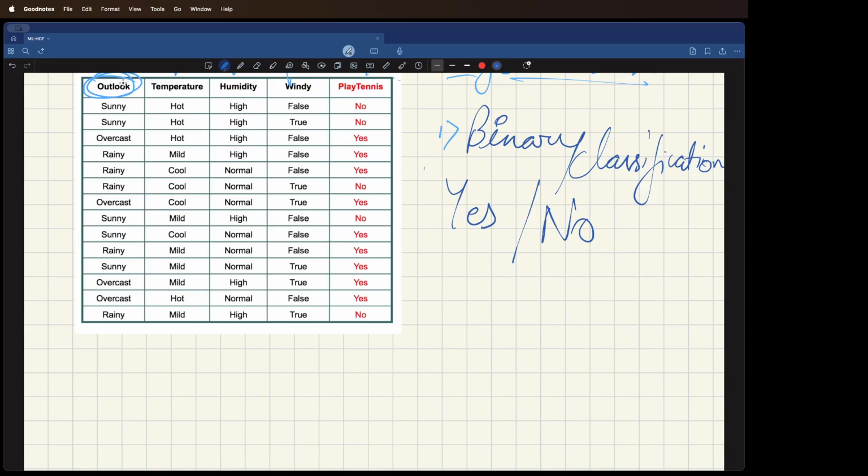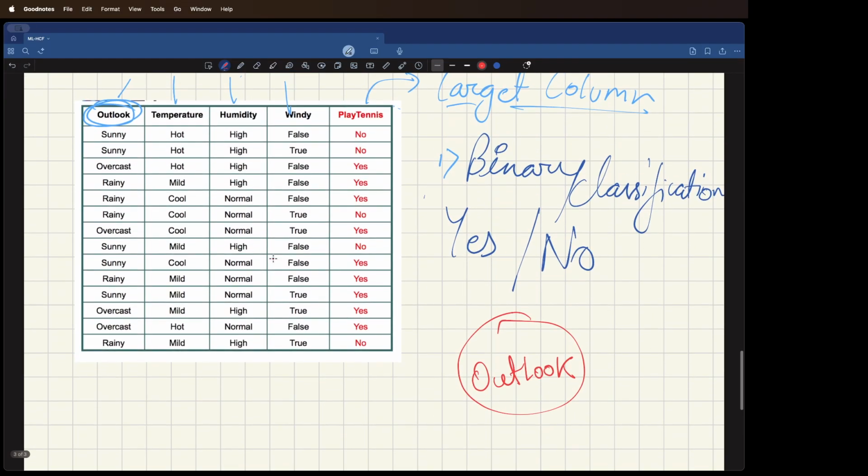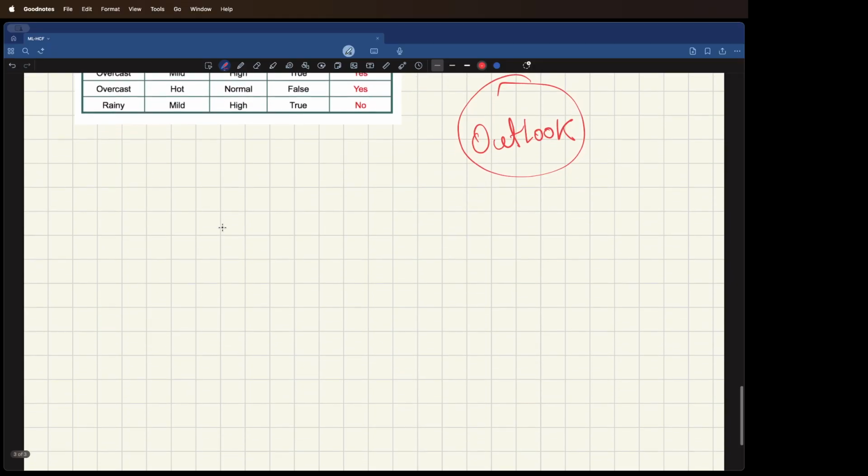If you think of more, here we are taking one feature. Let's say Outlook, the first feature, to make the decision tree. Based on this, we will take the decision. Outlook: what are the conditions we are having? There are three categories: sunny, overcast, rainy. So again, we are having three classes in that.